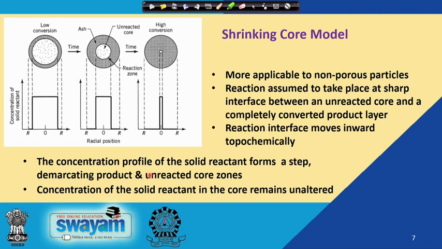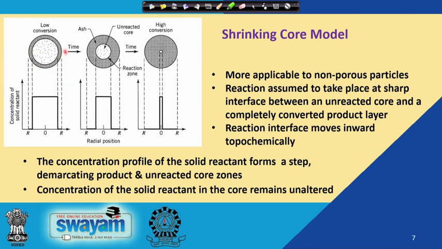Another popular model, which is more widely used, is the shrinking core model, which was proposed by Yagi and Kunii. This is more applicable for non-porous particles, unlike the previous one which was more applicable for porous particles. In this model, it is assumed that the reaction takes place at a sharp interface.